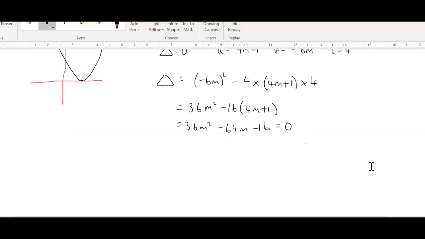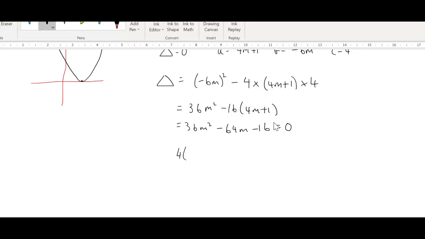We can probably simplify that a little bit. I'm just looking to see what values we can take out as common factors. 16 doesn't go into 36, which is a bit annoying. 8 doesn't go into 36 either. 4 does. This is where you have to think on your feet.